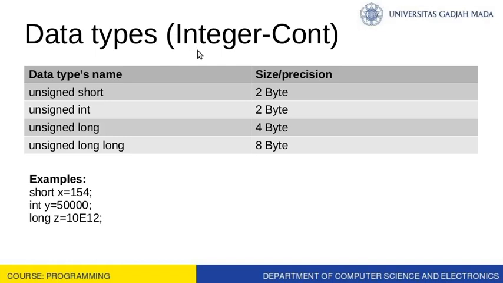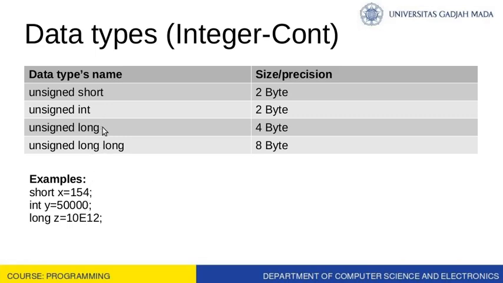Okay, we also have unsigned integer: unsigned short, unsigned int, unsigned long, and unsigned long long. What is the meaning of unsigned? This unsigned means that it is only a non-negative value, so we don't have any negative value.